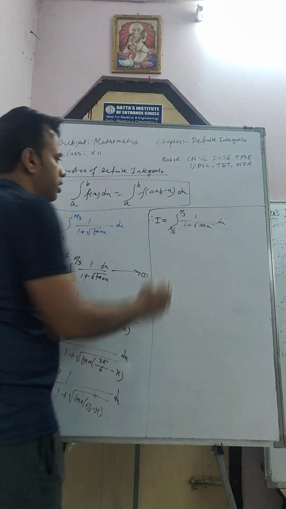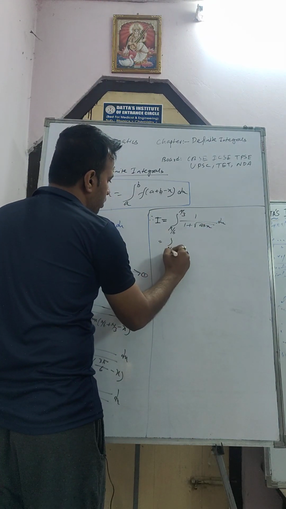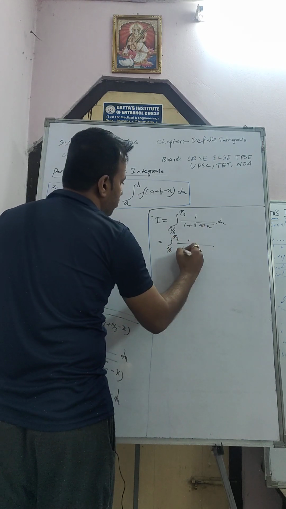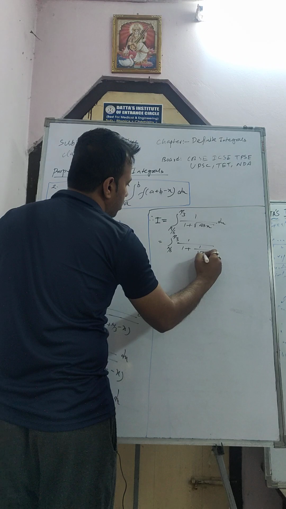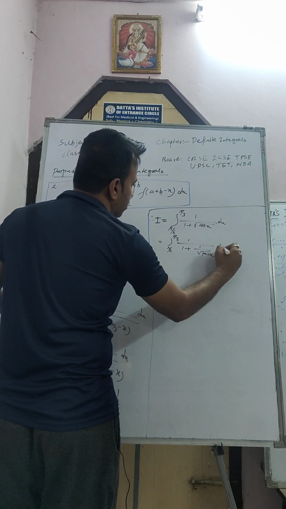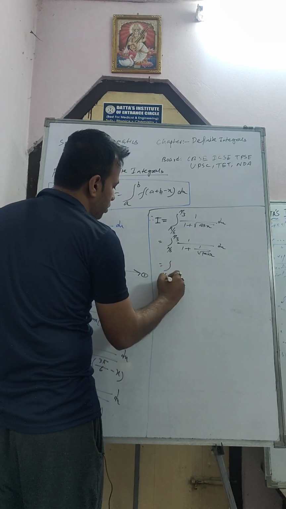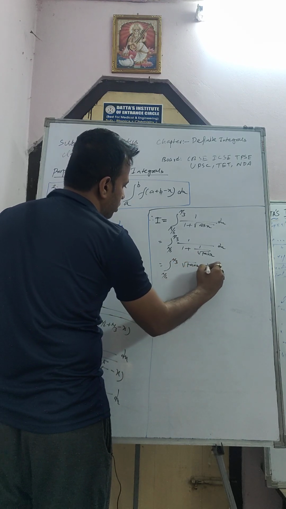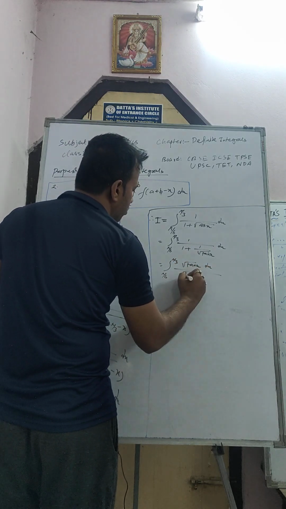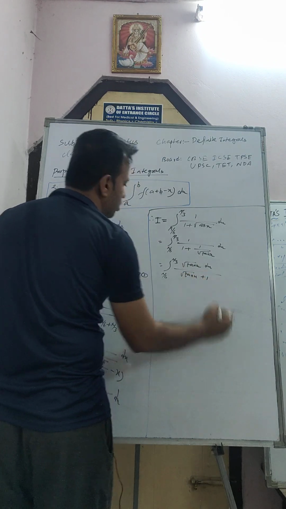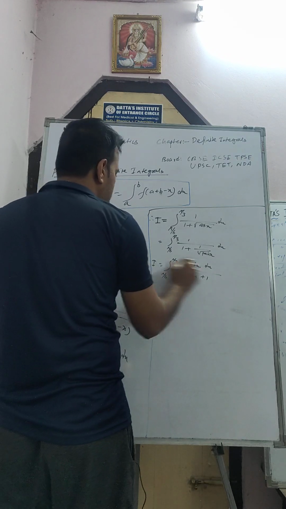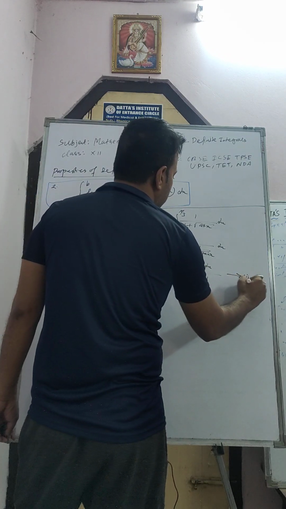If I simplify this, it will be root over tan x dx by (root over tan x plus 1). Okay, now this one is equation 2.